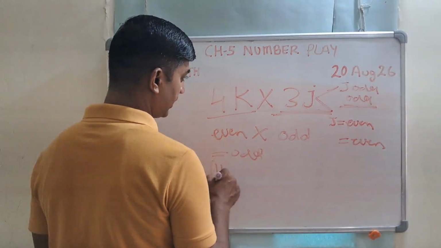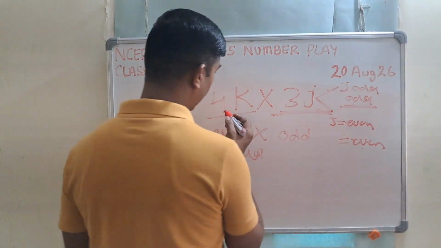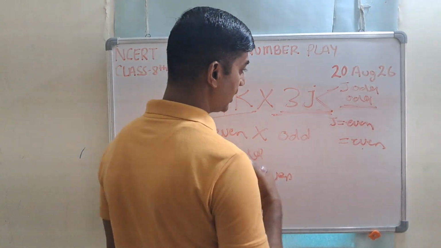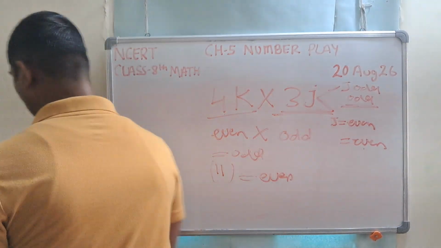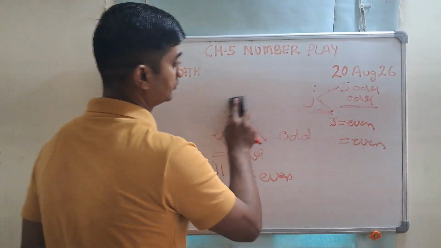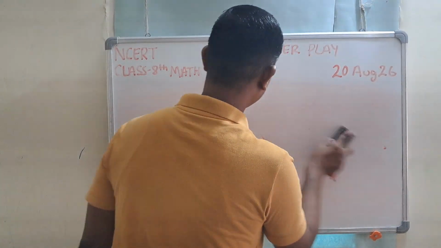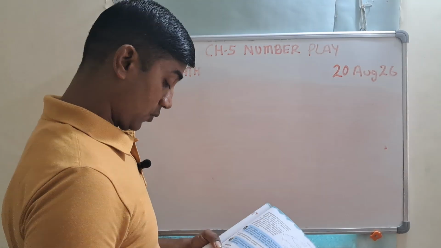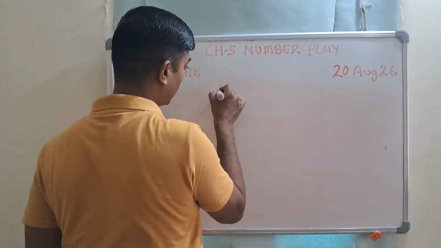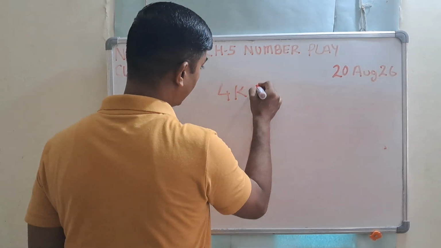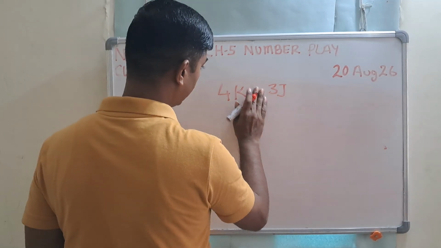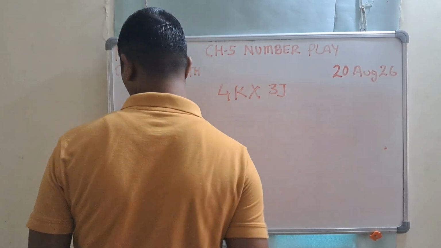And in the second case, when even is multiplied by even, you will get the result even. And let me explain this once again. Now, what is our expression? 4k into 3j. Actually, this expression is multiplied.